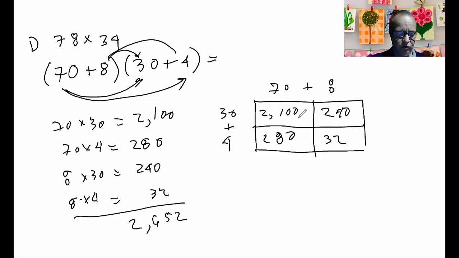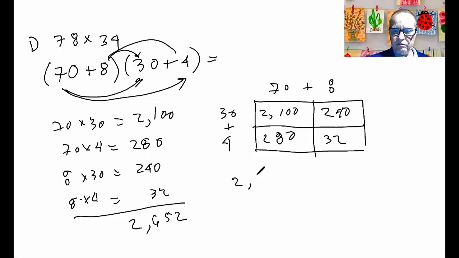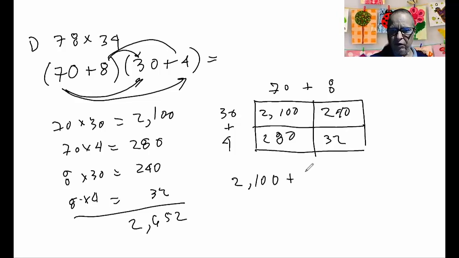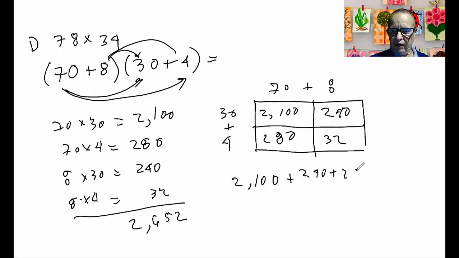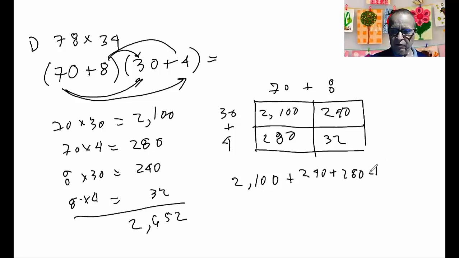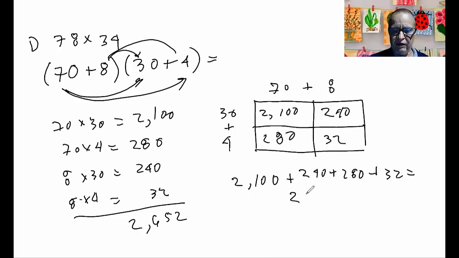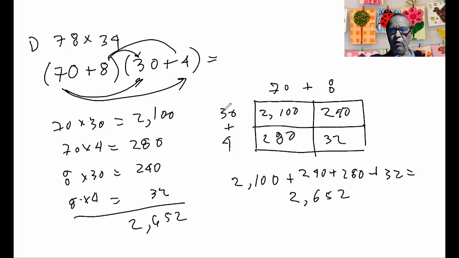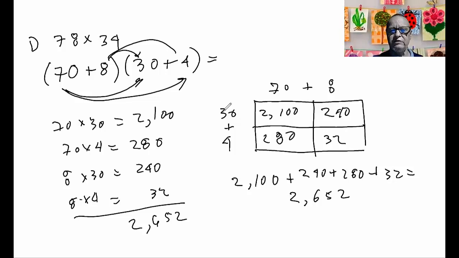And then we look inside the box here and we add everything up. 2,100 plus 240 plus 280 plus 32, and that will give us the same thing, 2,652. So either method is fine, whichever method you prefer to use is fine.